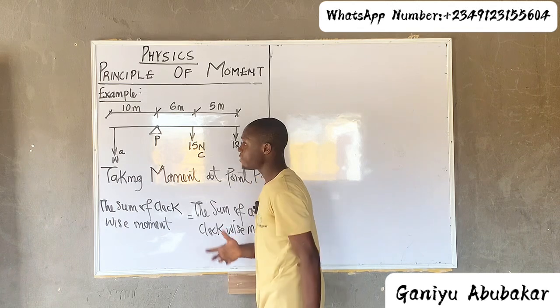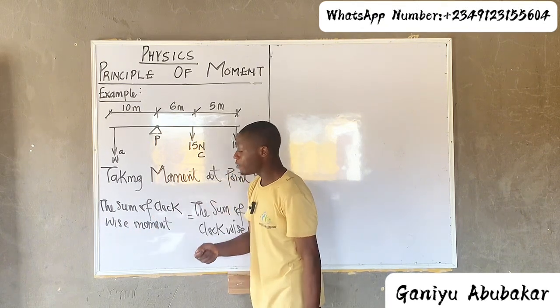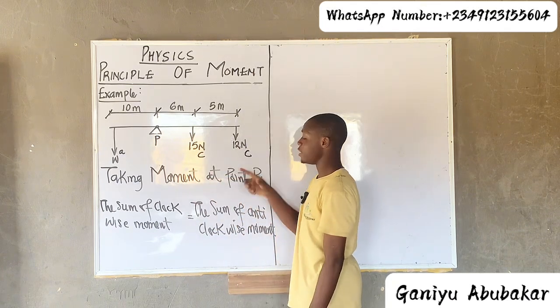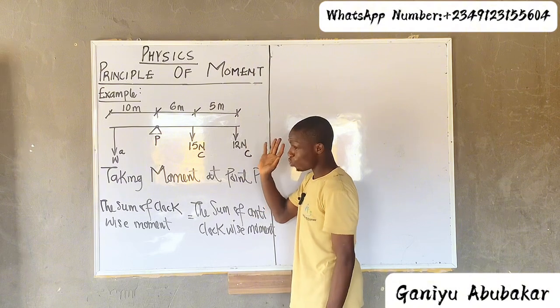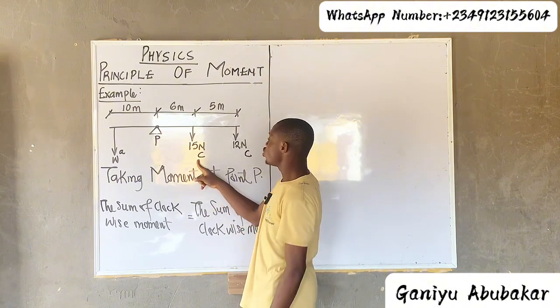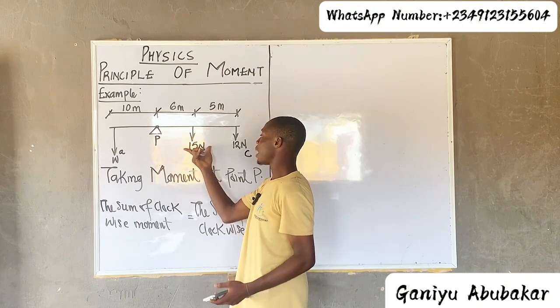Now listen, first things first, let's get the sum of clockwise moments. Please, for clockwise, open your eyes very well. I'm seeing C, I'm seeing C. Focus on these two, that's all. This is our first clockwise here, so let's find the moment for this first C. We said moment is force times distance.